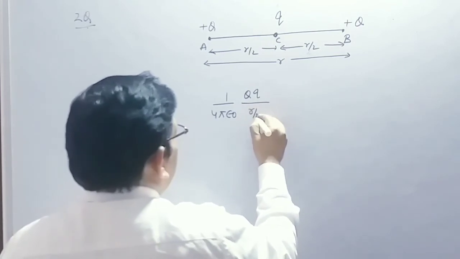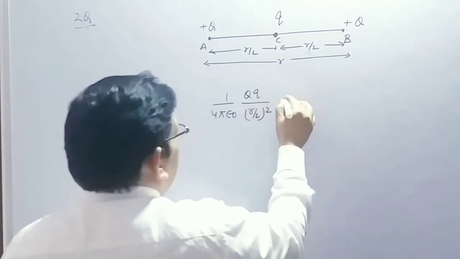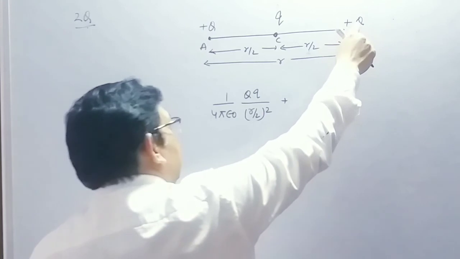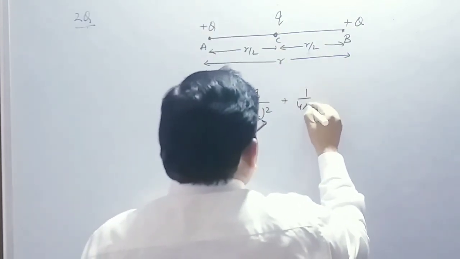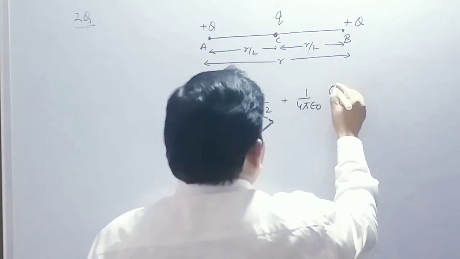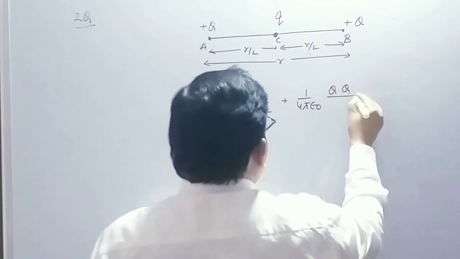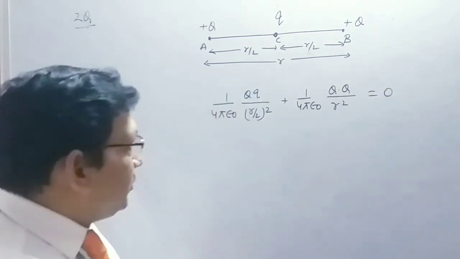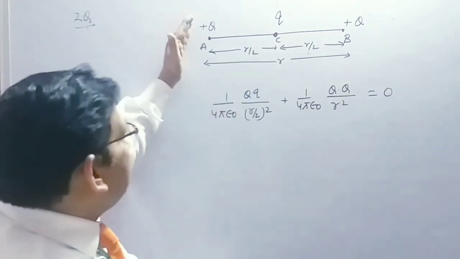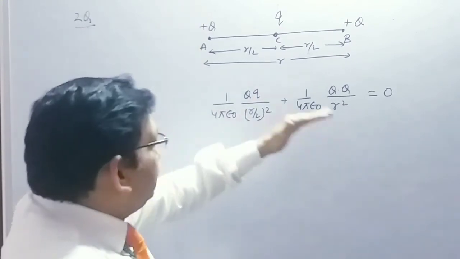That is r by 2. Plus the force exerted by this charge on this charge, 1 by 4 pi epsilon q square, what is the distance now? R square. It must be 0, because for the equilibrium condition the net force acting on charge q must be 0.